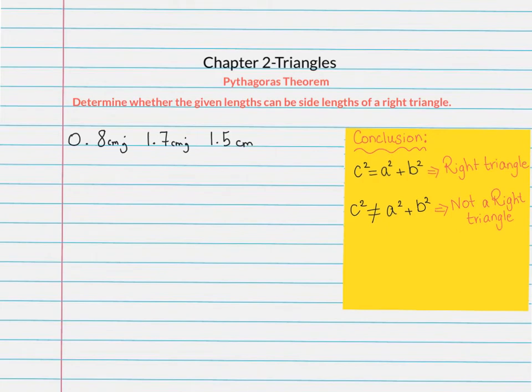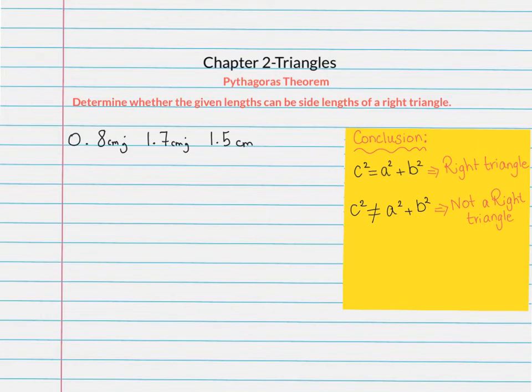Another type of question: determine whether the given lengths can be side lengths of a right triangle. So they gave us, without the shape of a triangle, just the length of each side. And we want to test whether those could be the side lengths of a right triangle. As we agreed, step number 1 is determining which one is c, and c is the longest measure.